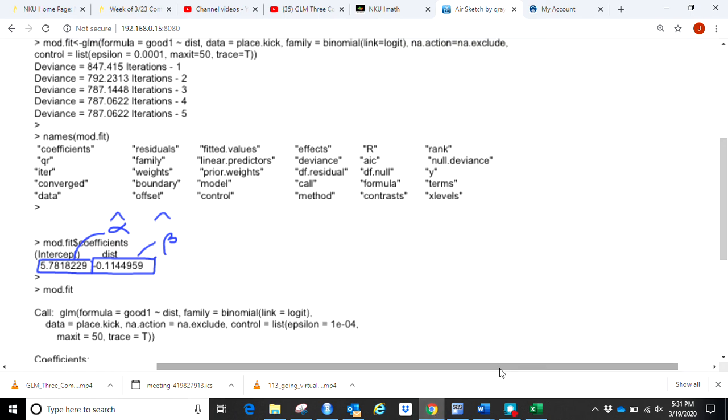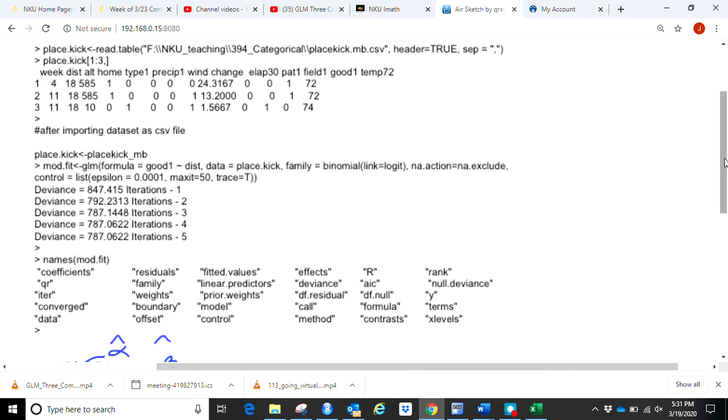Going back up and labeling some more of this just in case you needed it. So this is my y. This is my x. This is our defining our random component and the link function that we actually want there as well.